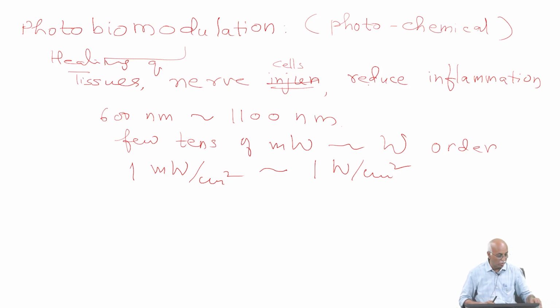This type of light, with wavelength around 600 plus nanometer or around 1000 nanometer, when it interacts with the tissues, affects the ATP, adenosine triphosphate, chemicals, which are useful for providing energy to the cell, for opening, closing, etc., or even NO, nitric oxide levels, get affected.